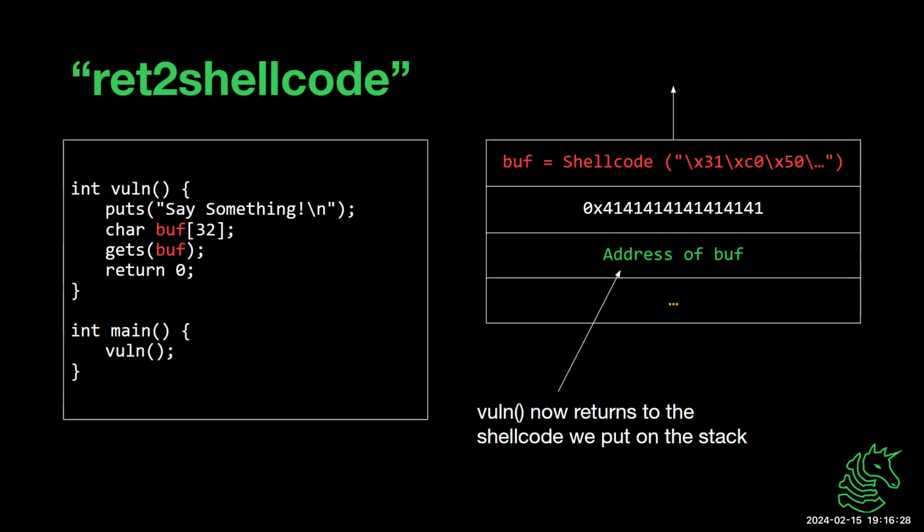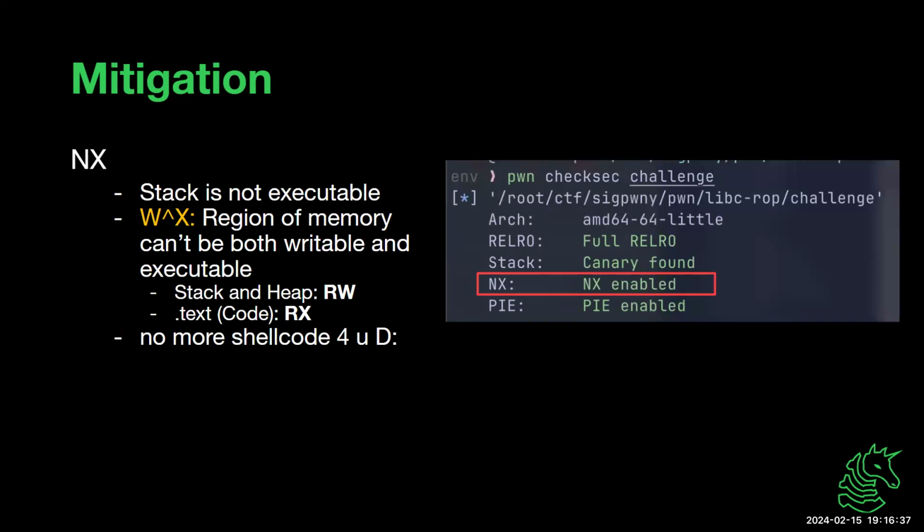So now there's a mitigation to this that you will see if you run pwn checksec on the binary. You will see that there's something called NX enabled. What NX means is that the stack is not executable. So if you try to jump to any shellcode on the stack and run stuff on the stack as if it were instructions, your program will segfault, because the program now assigns permissions to different regions of memory.